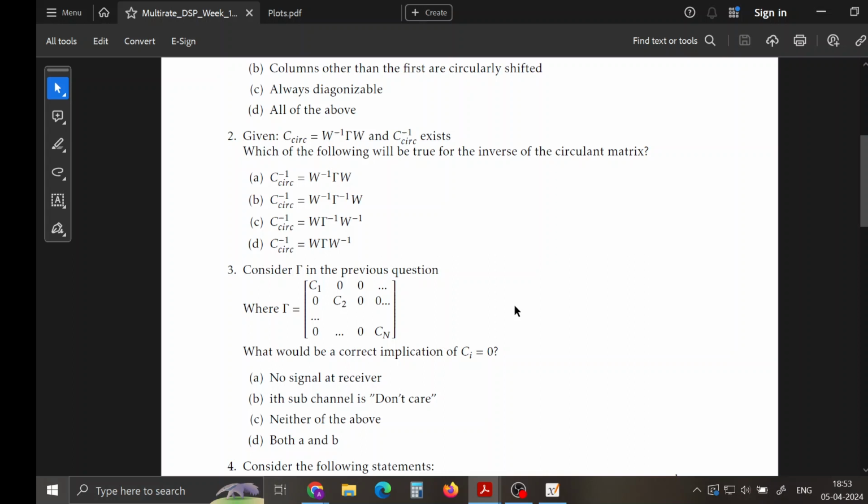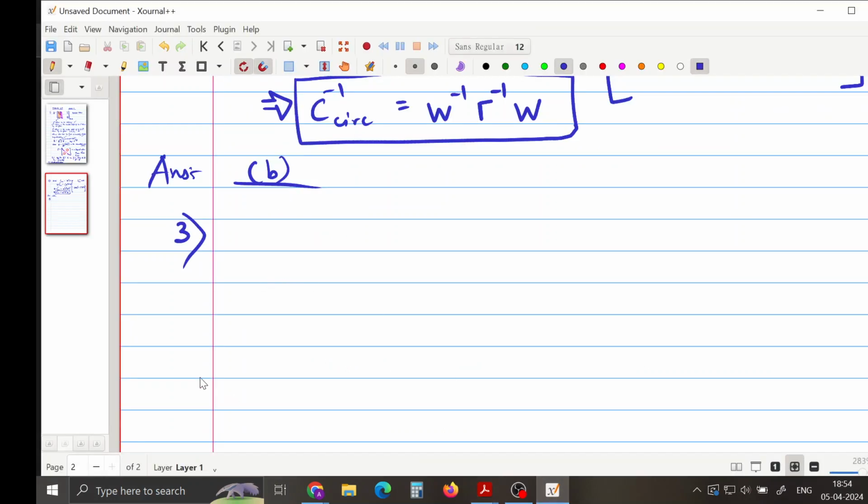So that ith subchannel is treated as a don't care subchannel, right? So option A and option B both are actually true. Option D states both A and B. That's the correct option. Okay, I hope you are able to understand.